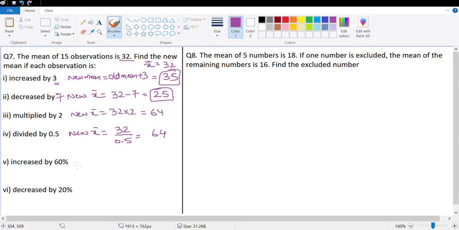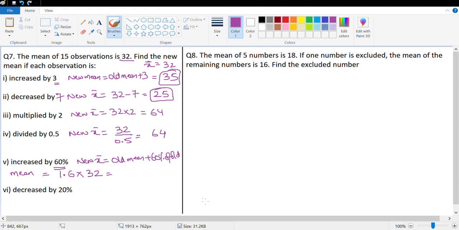Next, each observation is increased by 60%, which means new mean is equal to old mean plus 60% of old mean. In this case, it would be equal to 1.6 times the old mean, which is 32.